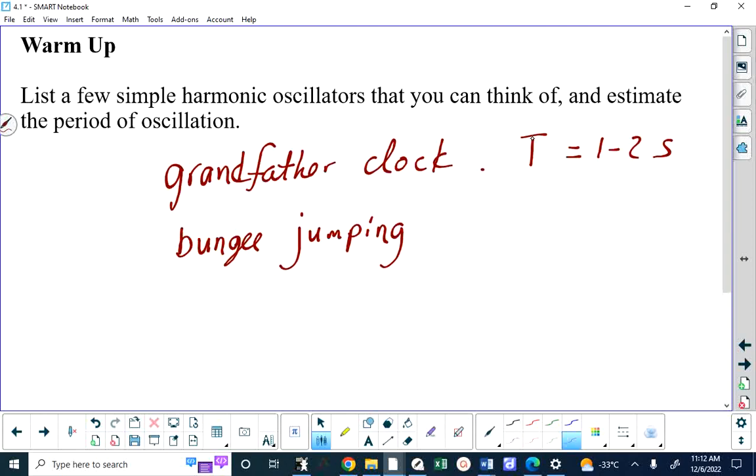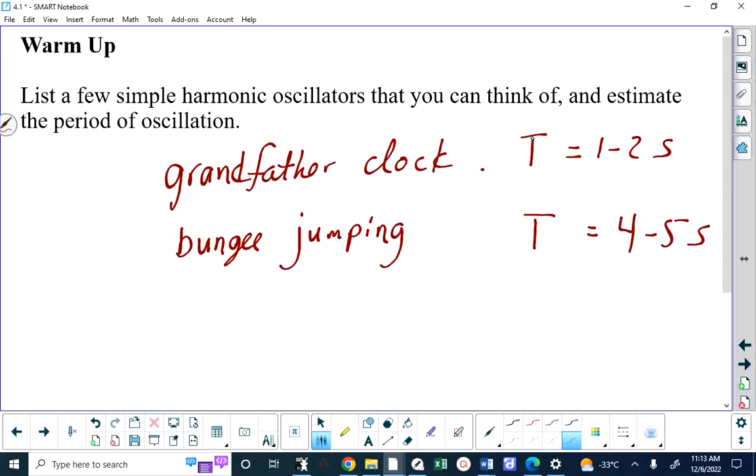The only thing that makes it not really ideal is that when you bungee jump, probably when you get to the bottom, you go up so high that the cord unravels kind of thing. The cord doesn't stay stretched. But yeah, bungee jumping would be good. I don't know what the period of oscillation on one of those would be, but it would probably be 5 seconds, 4 seconds. We're just estimating here.